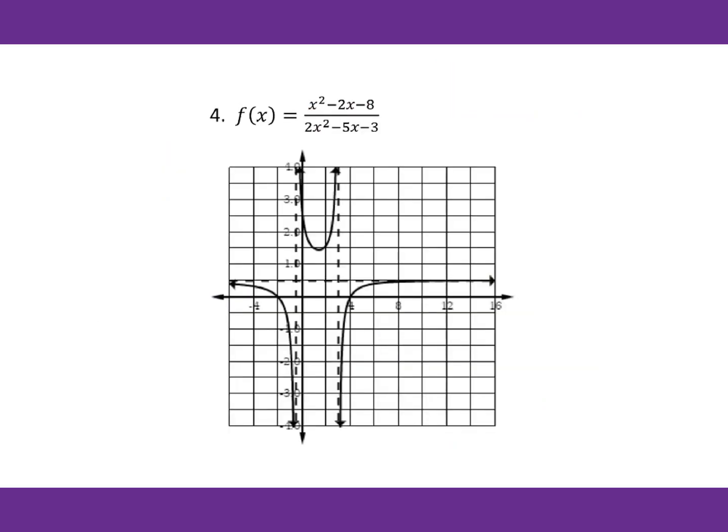This is the real graph for number 4. You could say the graph of this rational function crosses this horizontal asymptote line at x equals 13.